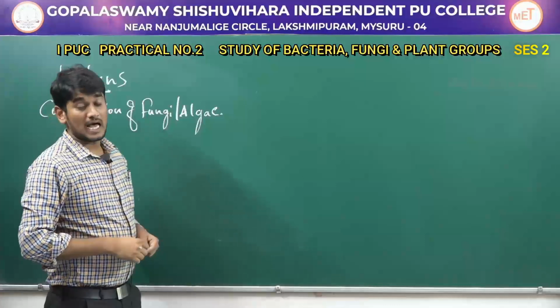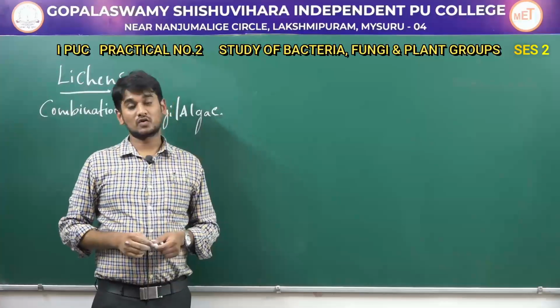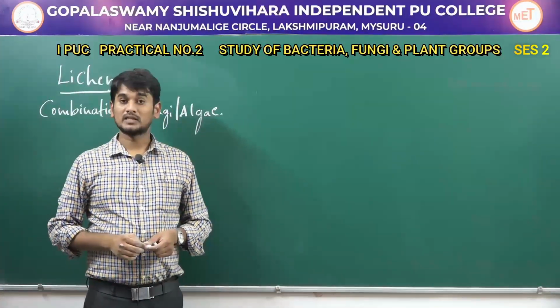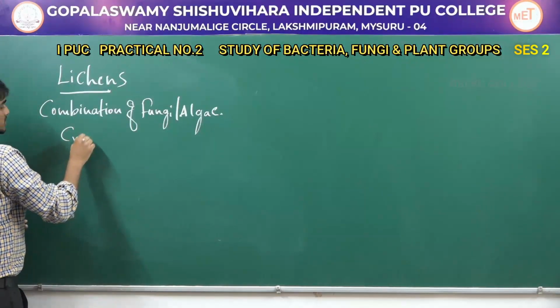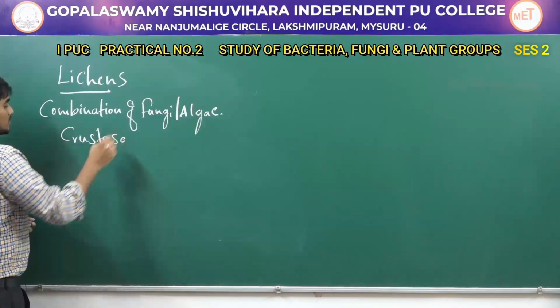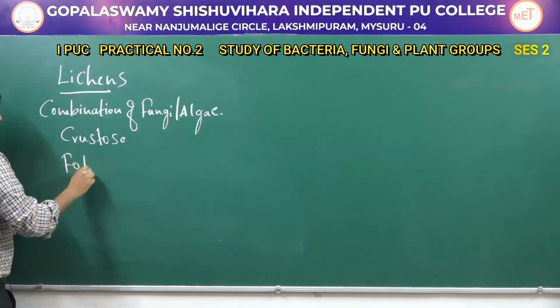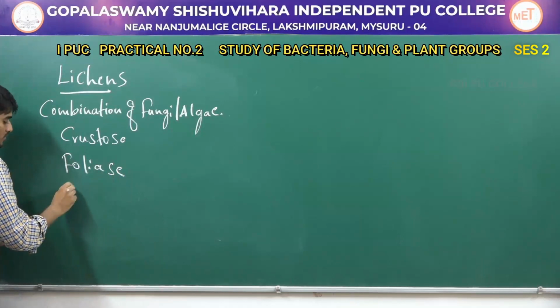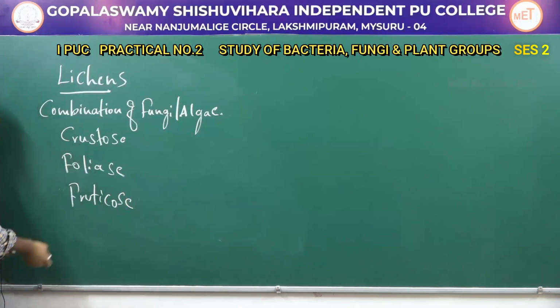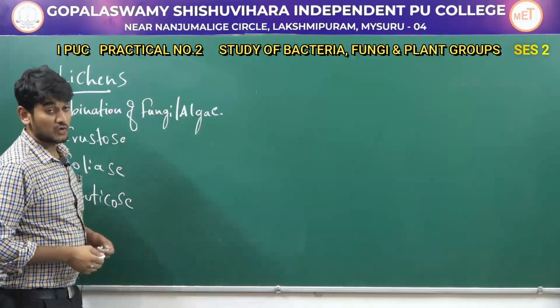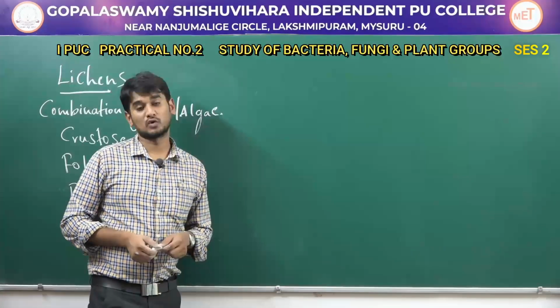Based on attachment and general growth, the lichens are of three types: crustose, foliose and fruticose. So these are all types of lichens based on attachment and general growth.